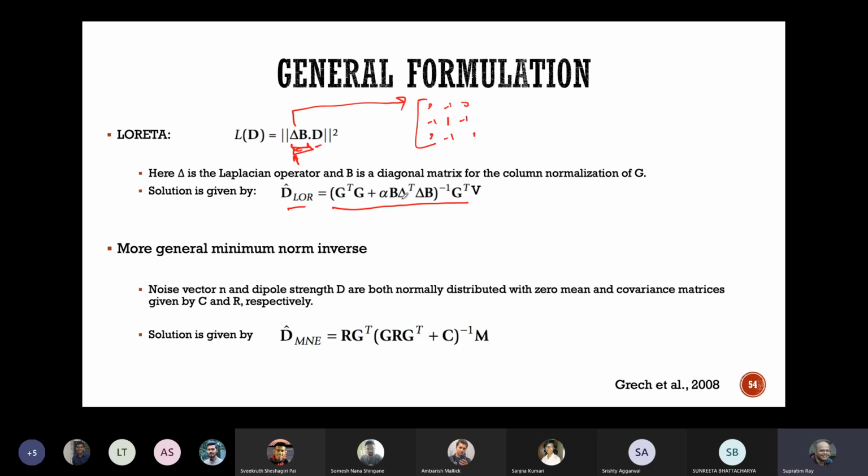Again, these two are known. So actually you can solve this whole thing upfront. Before you start doing the source localization, you could pre-compute this once you have the lead field matrix. You can find B, because that's just a diagonal matrix that does column normalization, and this is the Laplacian operator in matrix form. So you can pre-compute this and you're done.